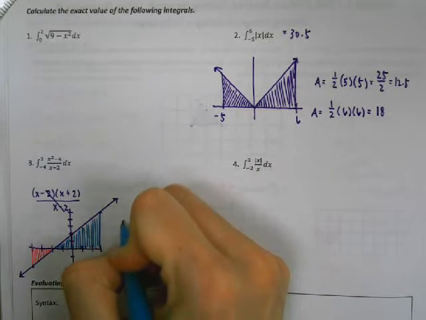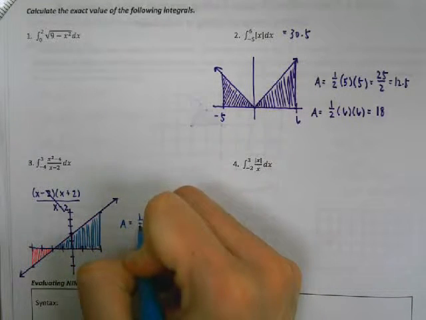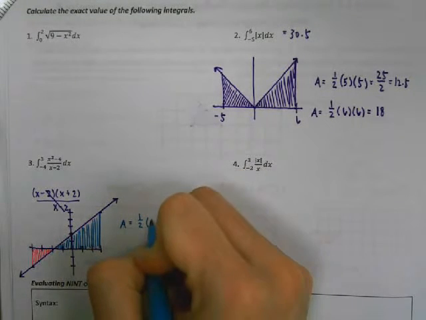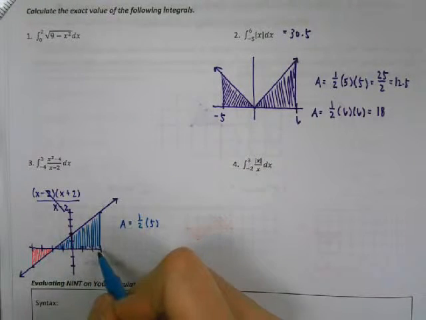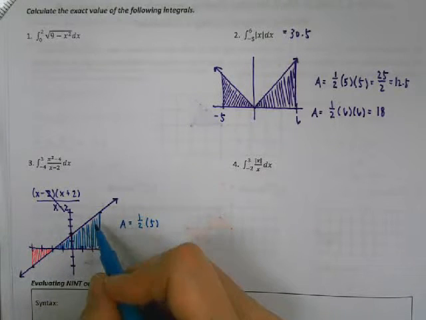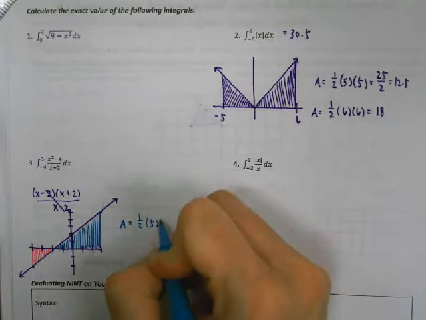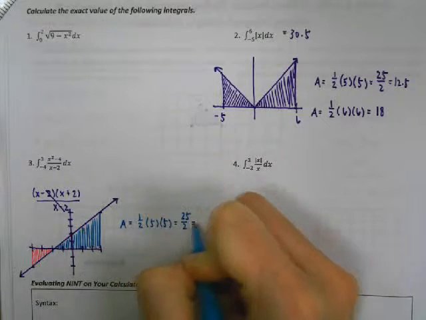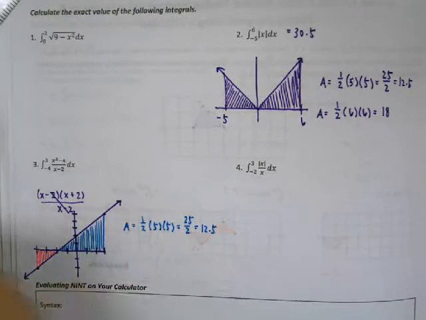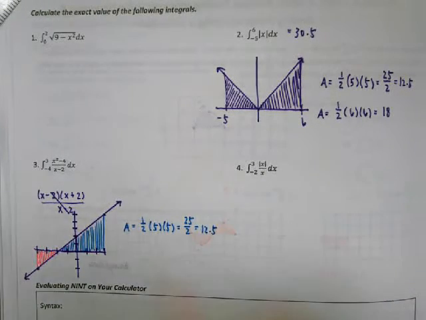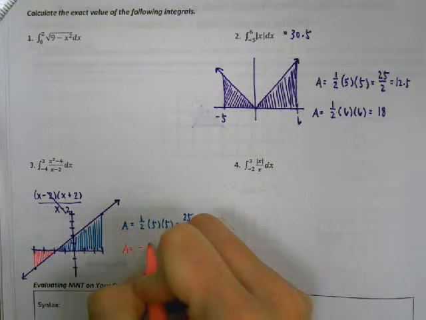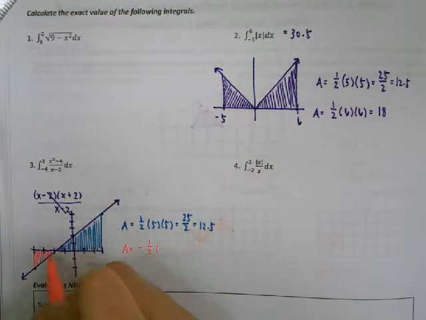So remember that integral subtracts out that negative area, so we'll have to make sure we do the same when we're calculating it. So for my positive portion, I have 1/2. My base is 1, 2, 3, 4, 5. And that height there, we said that function value was 5 as well. So we have 25 halves, or 12.5. Now for our pink area here, we have a negative area, so I'm going to have a negative 1/2.